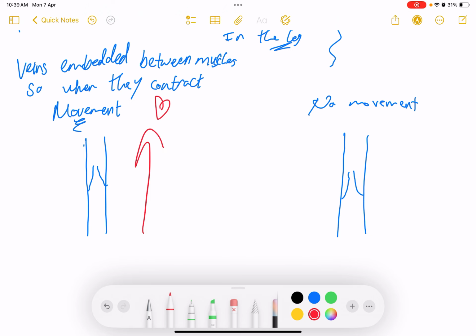So whenever there is muscle contraction, the blood is squeezed forwards as it passes through the vein, as well as the valves opening. So the valves open and the blood is pushed forward through the vein.